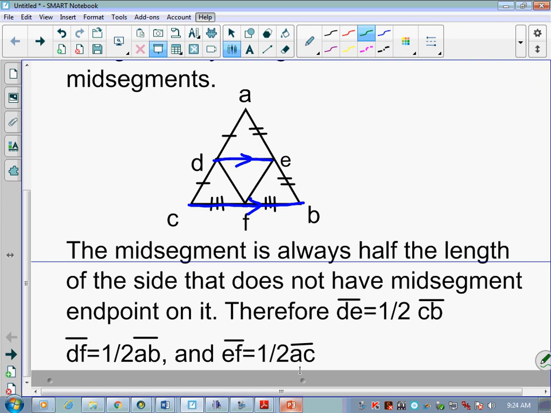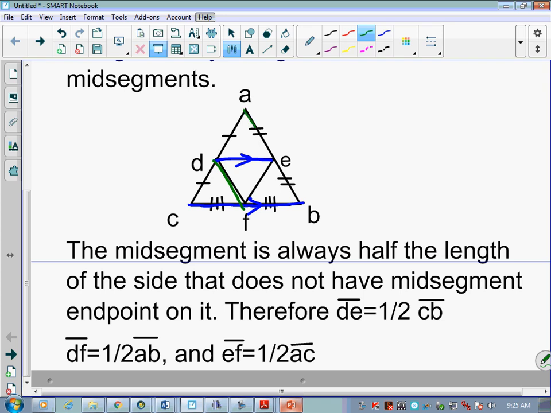Somebody identify, what is DF parallel to? Brady. More than that. DF is parallel to EB and AE, so could we stretch that?